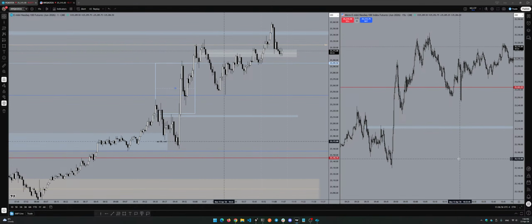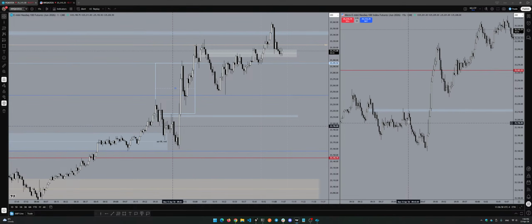Unplugged FP, yeah. Okay. Rejected from the first presented fair value gap plus the low of the opening range gap. That could have been a good trade, but where is the target?